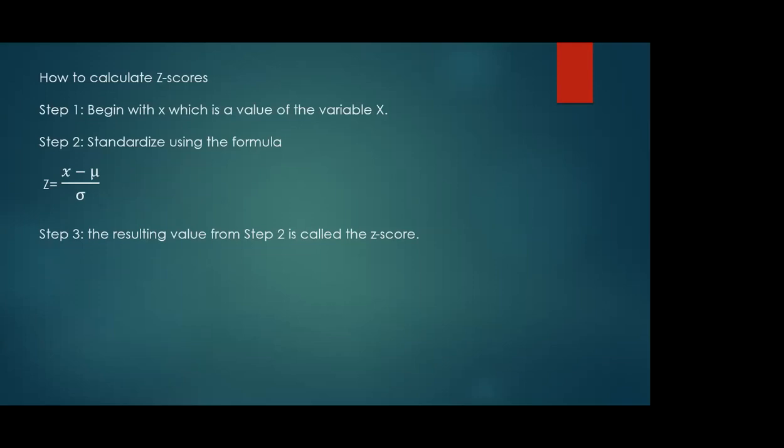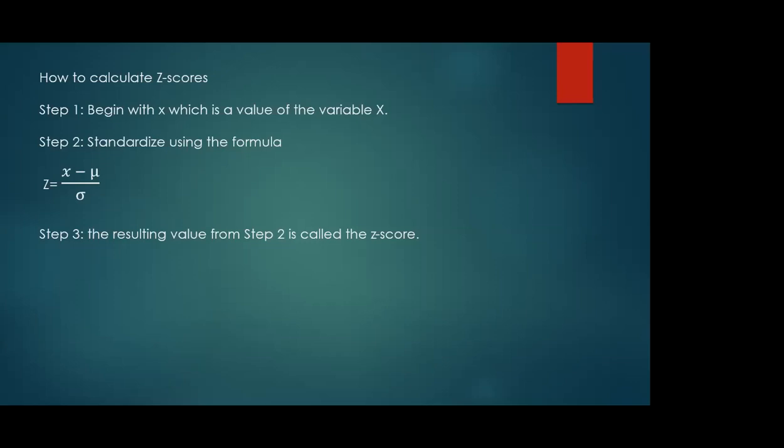So now we're going to look at how to calculate the Z-score. We normally use a Z-score when we're dealing with a normal distribution.